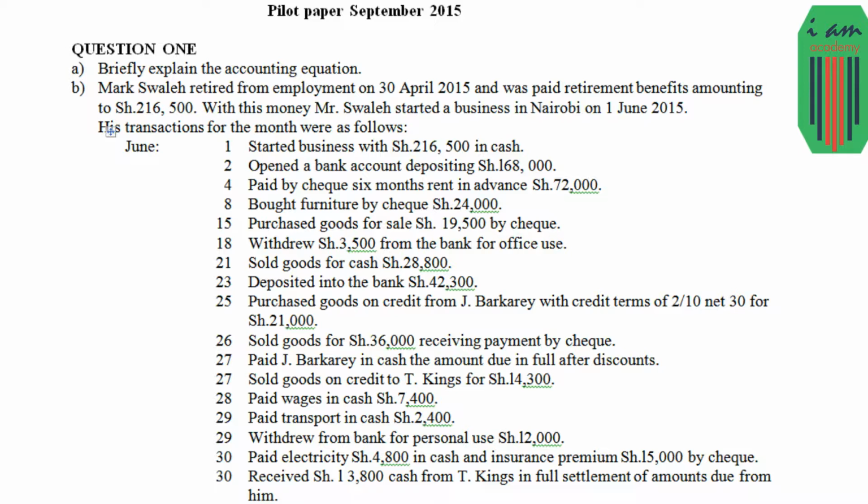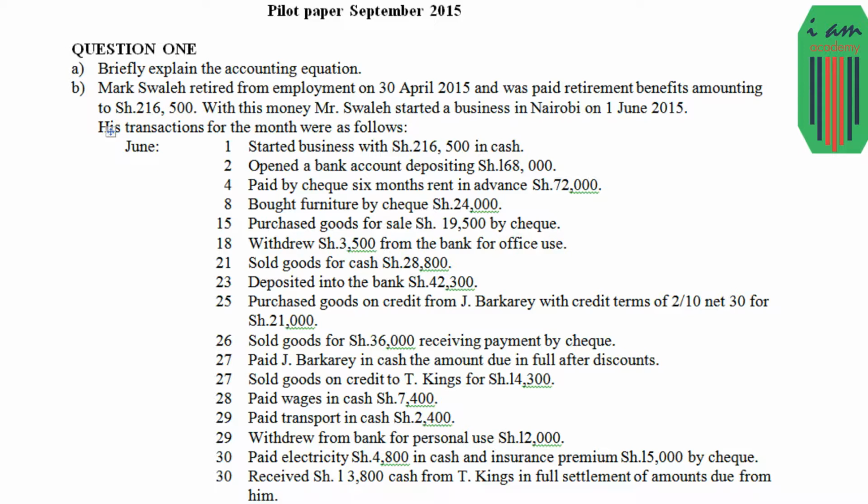On 21st, he sold goods for cash at 28,800 shillings. On 23rd, deposited into the bank 42,300. On 25th, he purchased goods on credit from J. Bakare with credit terms of 2/10, net 30 for 21,000 shillings.